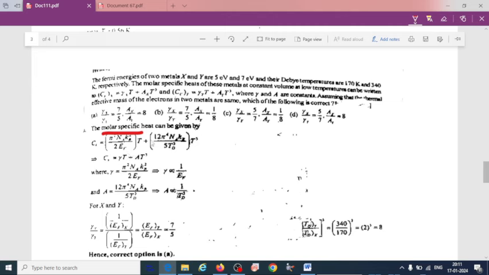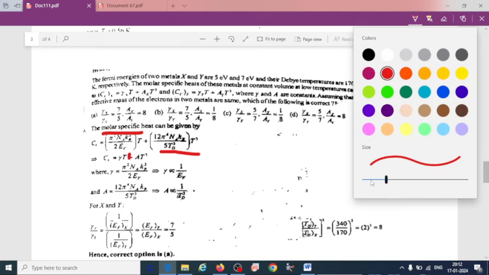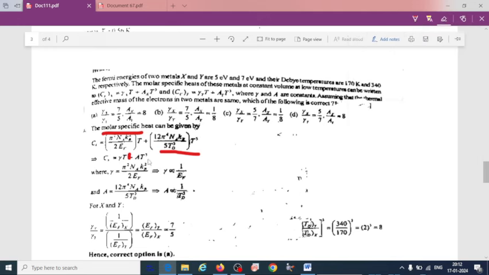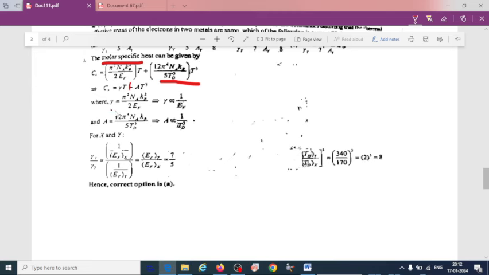Then you should write this whole equation for the molar specific heat. Then the specific heat you can take as gamma T plus A T cube. After writing that, gamma is equal to what here?